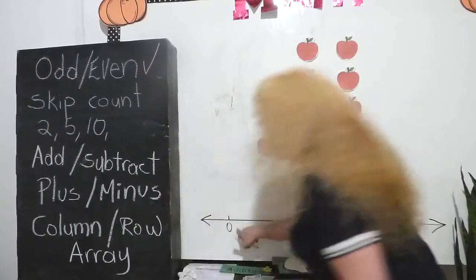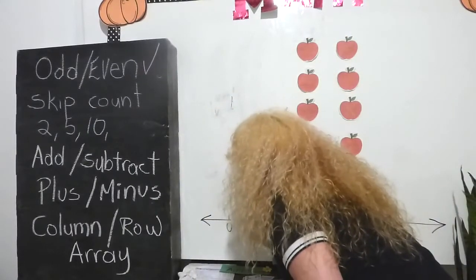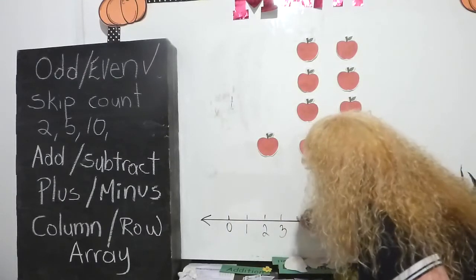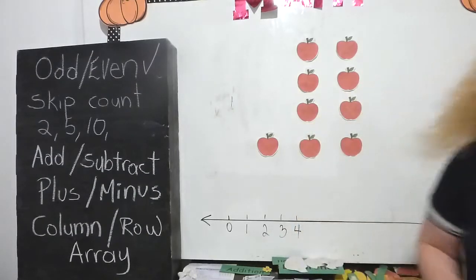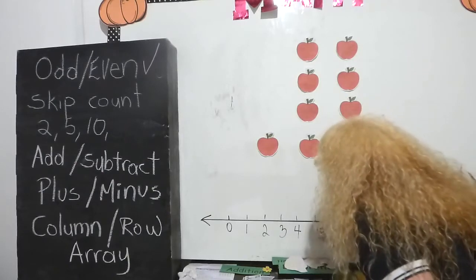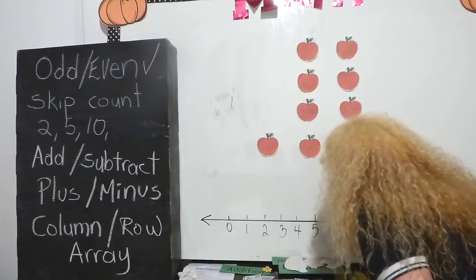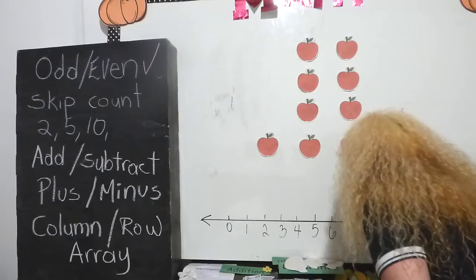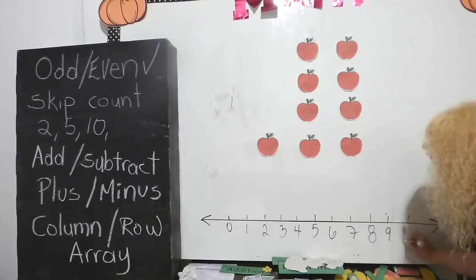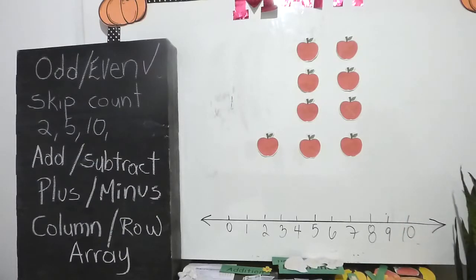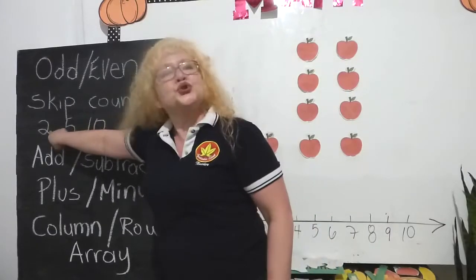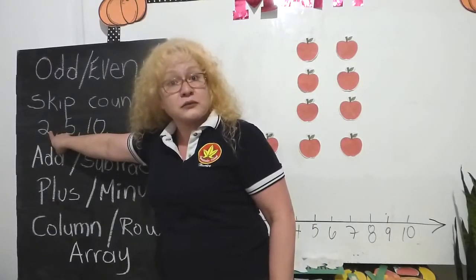Okay, so I'm going to start with 0. 1, 2, 3, 4. Can you see it? 5, 6, 7, 8, 9, and 10.